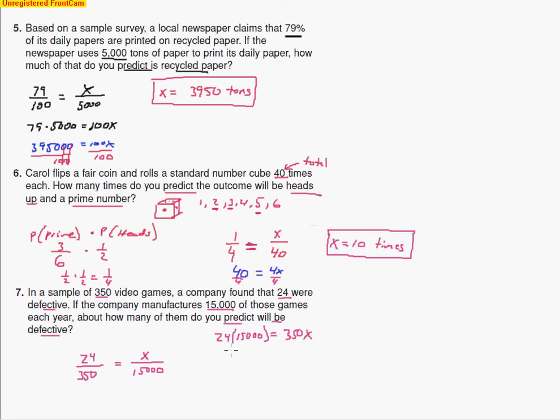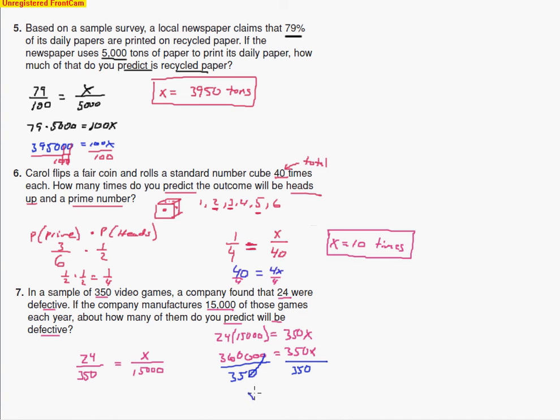So go ahead and do that multiplication. This is the number I'm coming up with. 360,000 equals 350x. And then from there I just need to do my division. So divide by 350. Nice thing about that number is that we can cross off one of those zeros and then do the division from there.